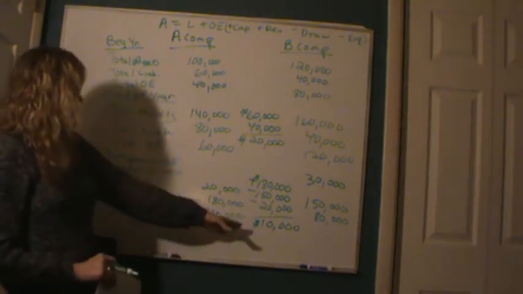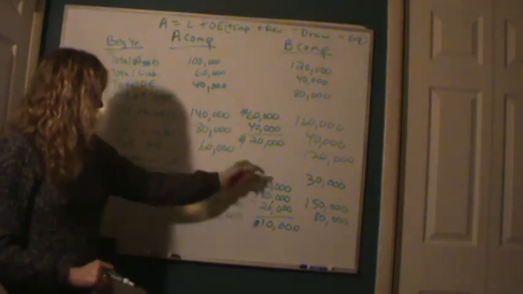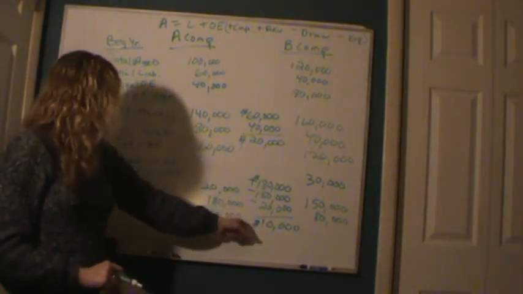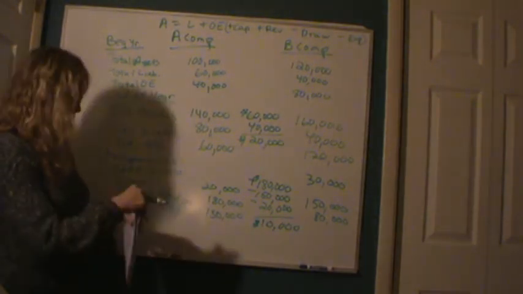So we know the total change was $20,000, and $10,000 of that change came from revenues, expenses, and drawings.